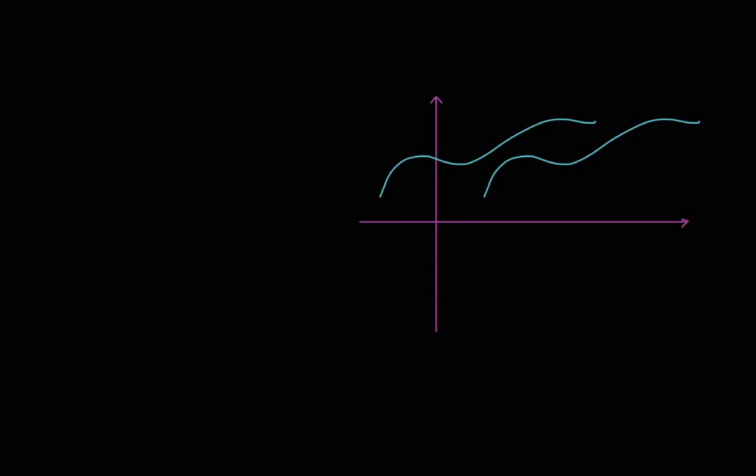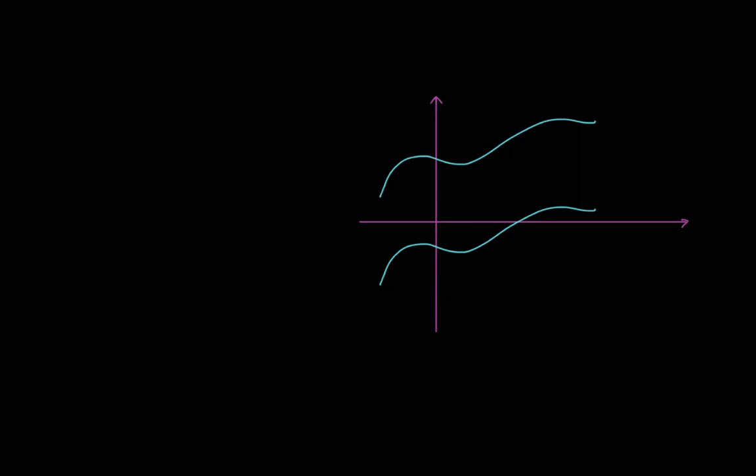We could also do a vertical translation, so just shifting the whole function vertically, either up or down. Okay, so to understand how we do these transformations, these translations, let's write it out more explicitly in terms of the algebra.